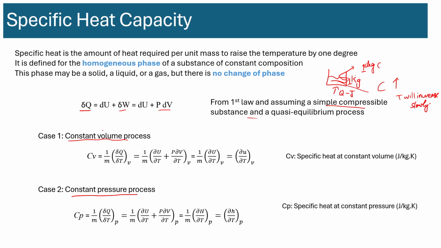Okay, so in such scenarios, let's define the C value for constant V, and it's defined per mass. This delta change in heat per delta change in temperature at constant volume divided by mass. Then you use this inside this equation, and this is a constant volume process, so this is 0. You get, it's basically a differentiation of internal energy.